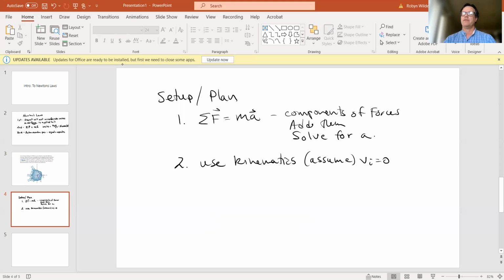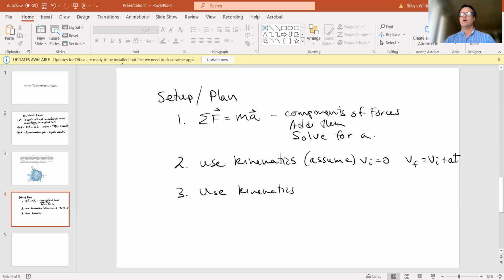So if I want to find my final velocity, I have the initial plus at. It's my kinematic equation for velocity. I can also use kinematics to find, again assuming initial velocity is 0, the displacement or the position.